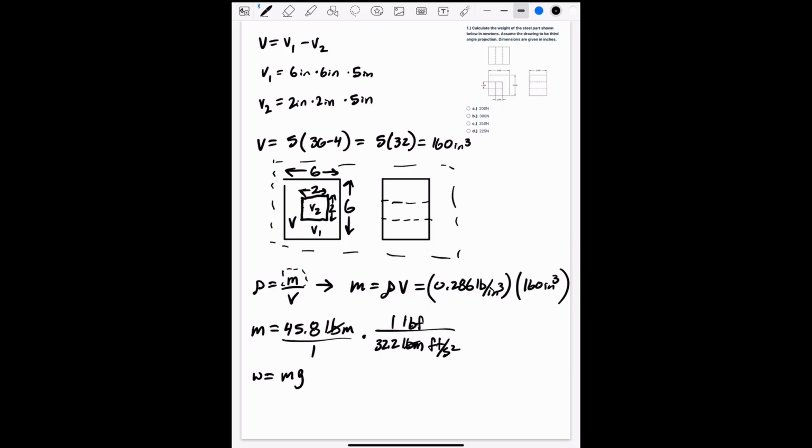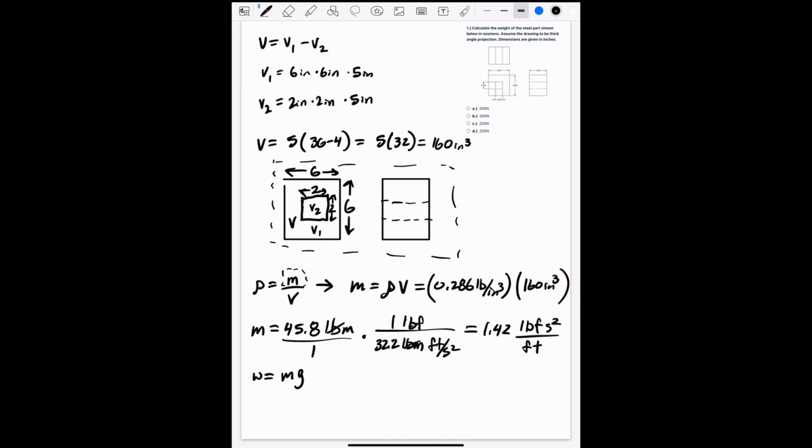And so you're going to get, so this was pound force second squared per feet.